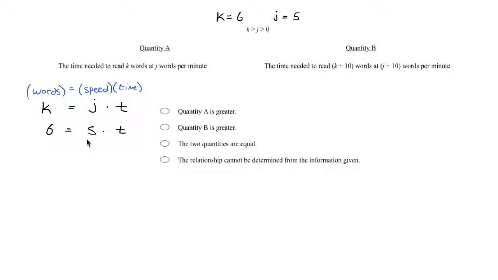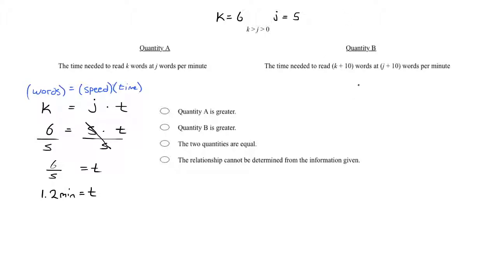It is being multiplied by 5, so we will perform the algebra and divide both sides by 5 to isolate the t, and we get 6 over 5. 6 over 5, or, if that doesn't make a lot of sense for you, 1.2 minutes.